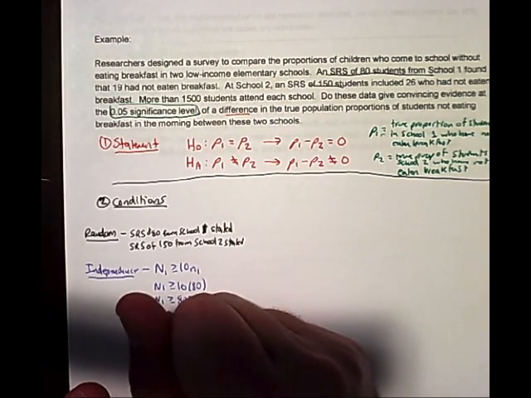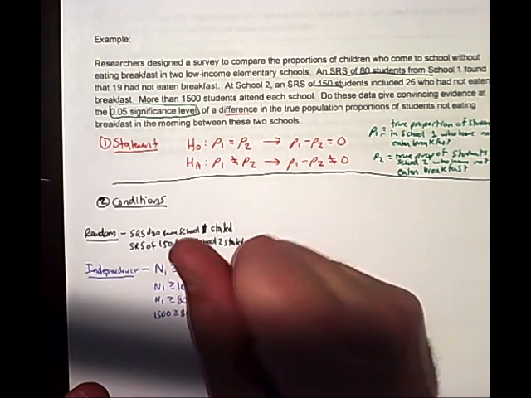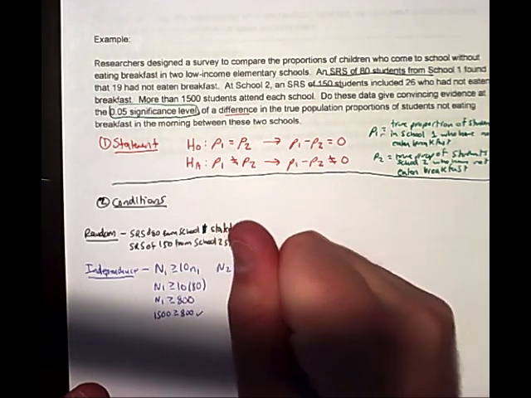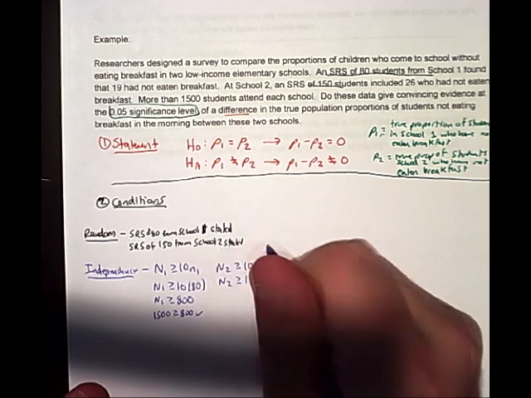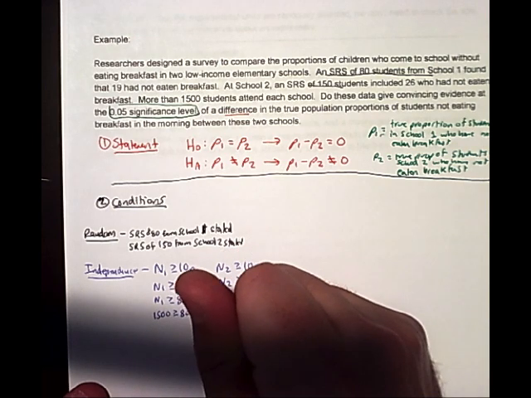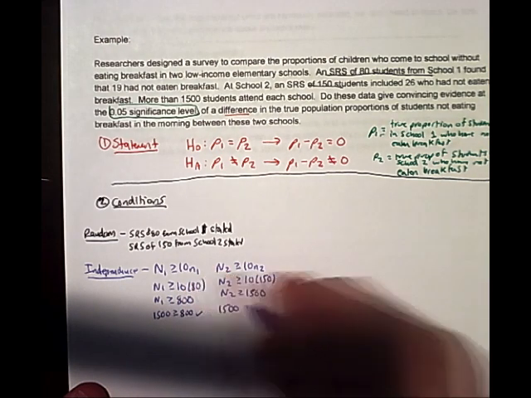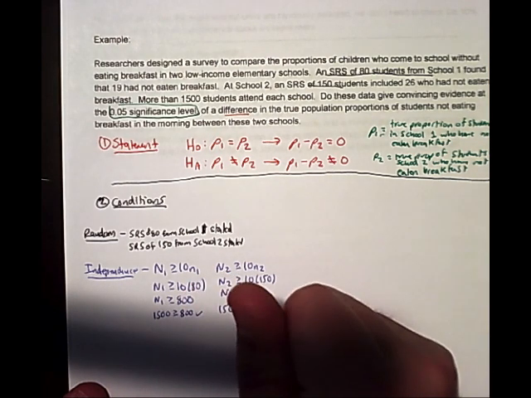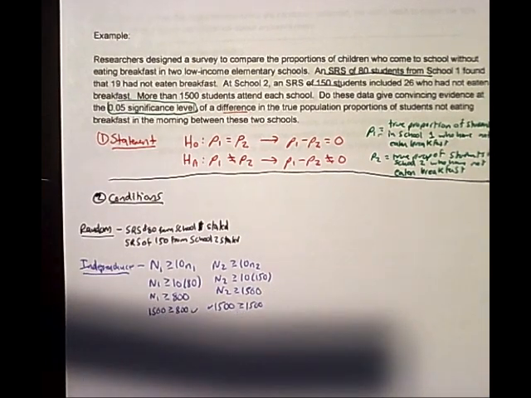So 1,500 is greater than 800, so we're good there. N2 has to be greater than or equal to 10 times little n2. There were 150 sampled in School 2, so that's 1,500. And it says more than 1,500, so N2 would be greater than or equal to 1,500. So we're good there too.